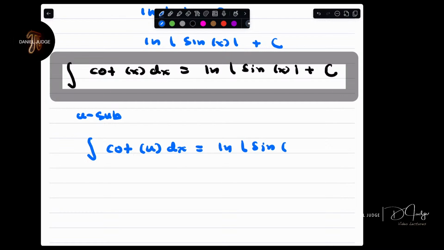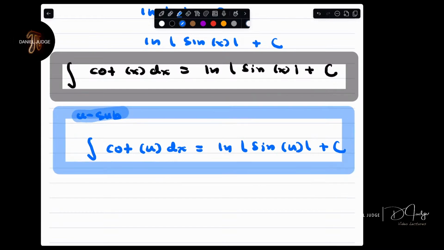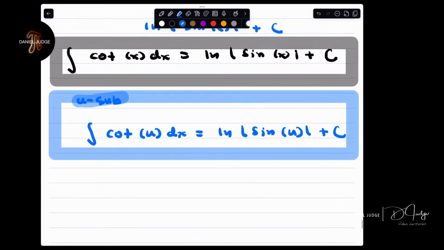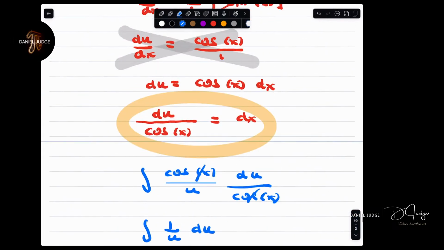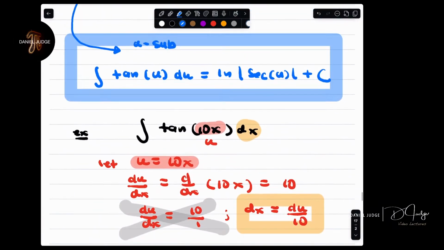I also recommend you have this in your memory banks, ladies and gentlemen, and now you can use it for various other kinds of examples, like if they want you to integrate cotangent.